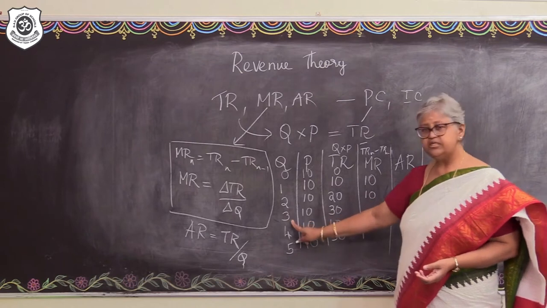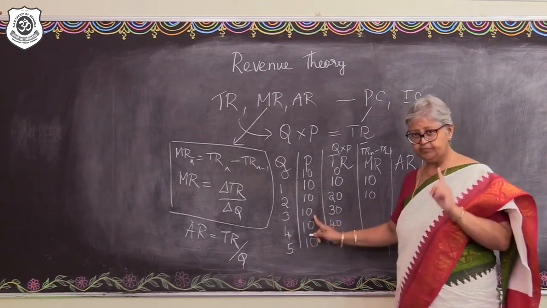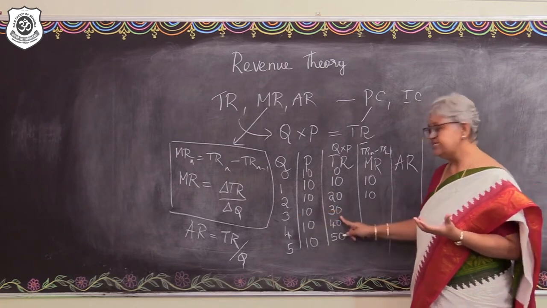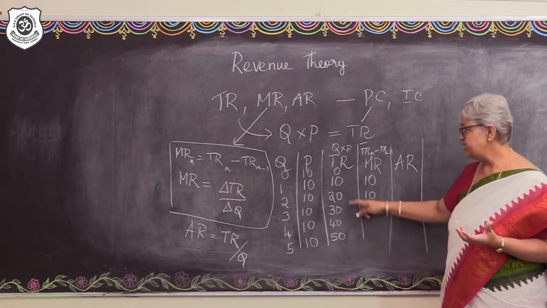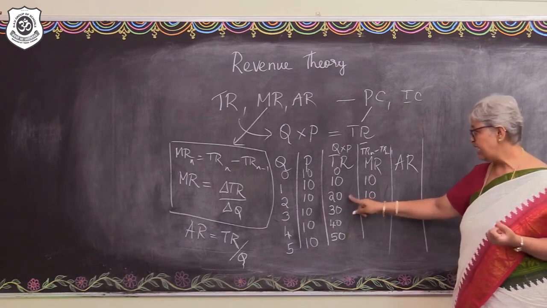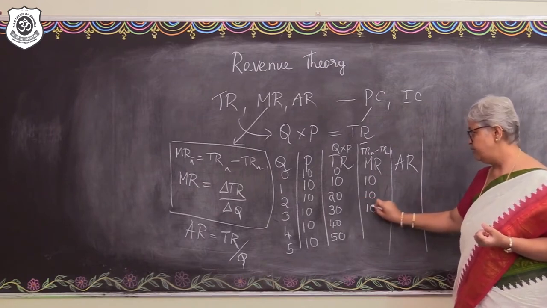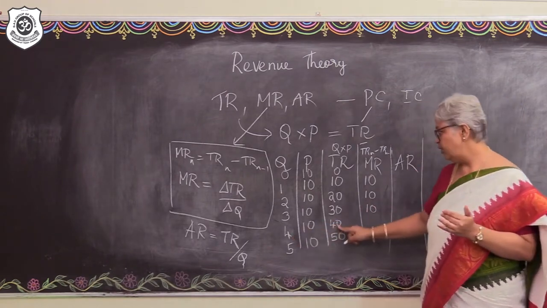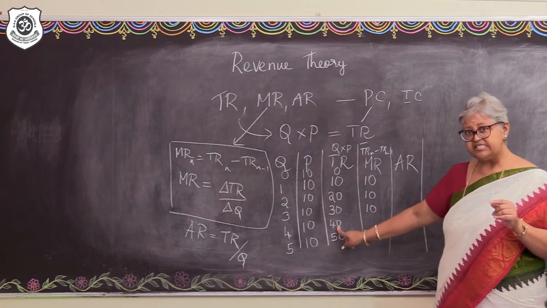Fine. And then the third unit is sold at the same price, 10. And the total revenue generated is 10 into 3, that is 30. So the rate of change in the total revenue is 30 minus 20 and that will be 10 again. Okay, then one more unit of output is sold. Some more total revenue is generated.